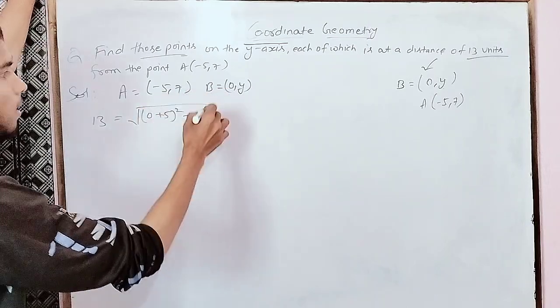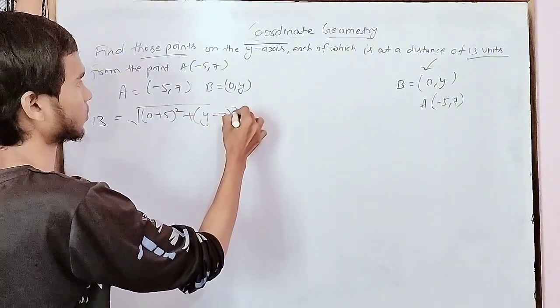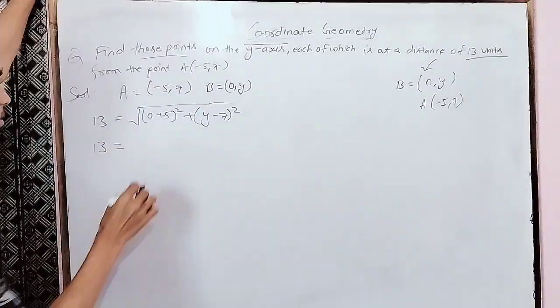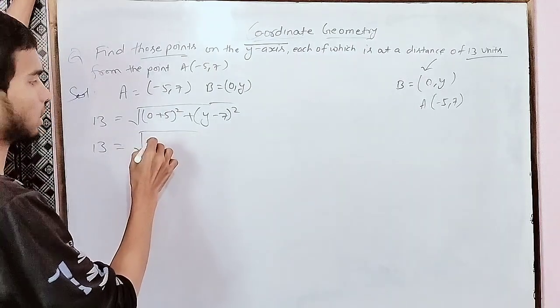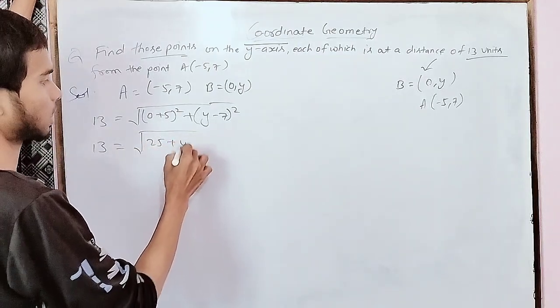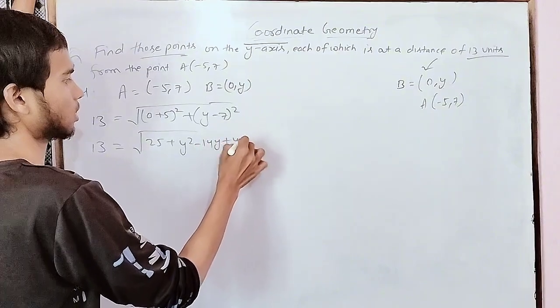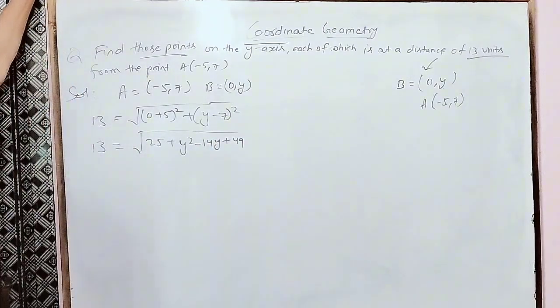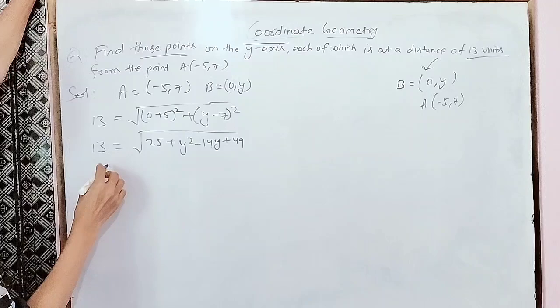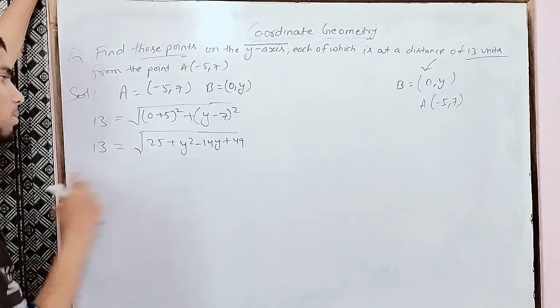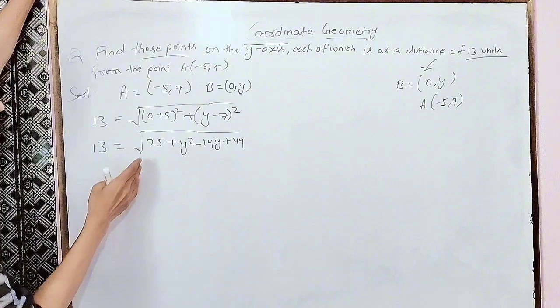So here y minus 7. Okay, we will simplify it further. So 25 and y square minus 14y plus 7 7s are 14. Now what else? It can come here.